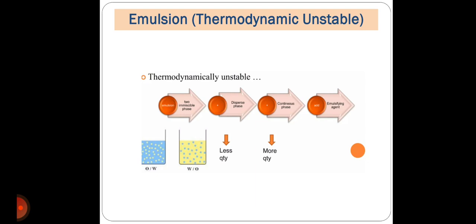And the third and most important agent is the emulsifying agent, because the emulsifying agent helps in the dispersion of these two phases. Emulsion can be formed by adding all these three ingredients, and it can form O/W type emulsion or W/O type emulsion.